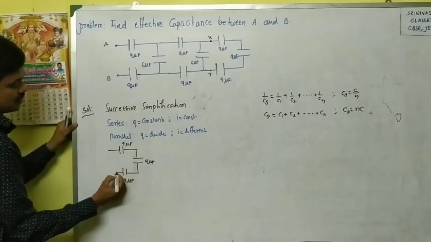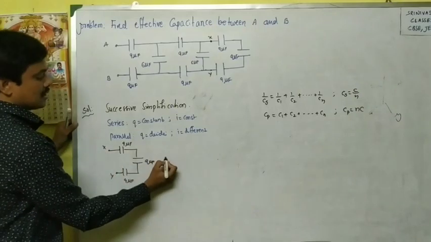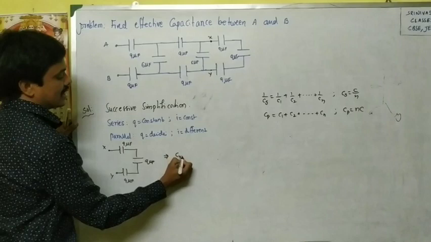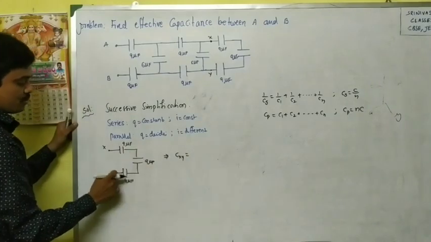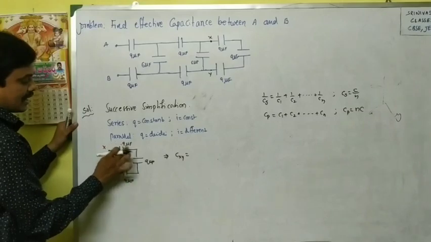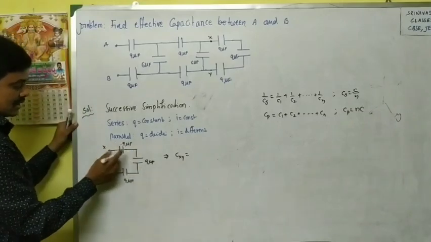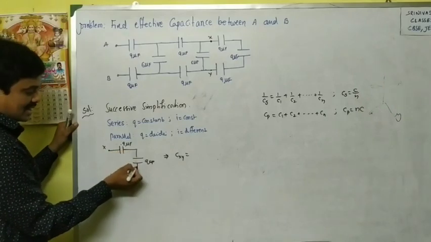And now between X and Y, what is the effective capacitance? These are all identical capacitors, 9, 9, 9 microfarad. Then the effective capacitance in series combination: charge does not divide, so only one way is there, right?